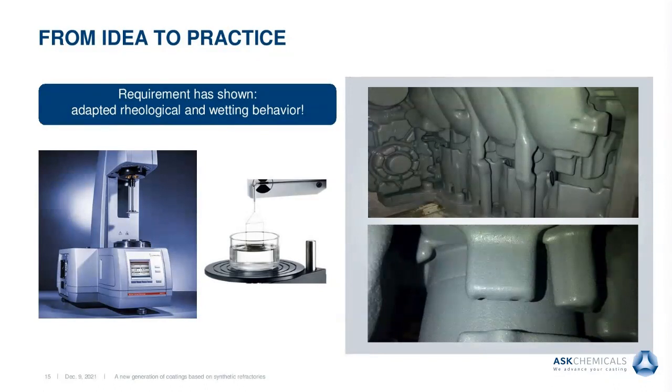And if we do it in a proper way, the coating can cover even intricate and very complex core packages, as you see on the right side, like a second skin without any flaws.